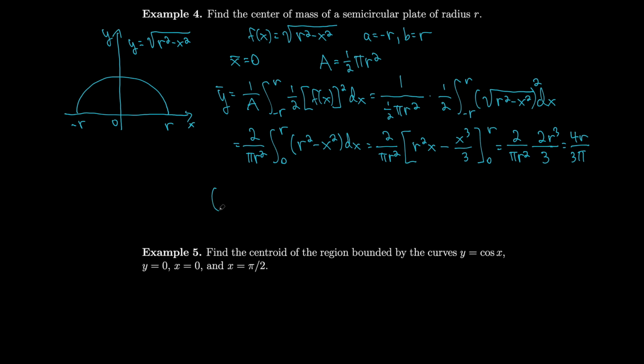So that means that our center of mass, x bar, y bar, is equal to 0, comma 4r over 3 pi. So it's somewhere over here in our picture, if you want to look at it. That's the point 0, 4r over 3 pi.